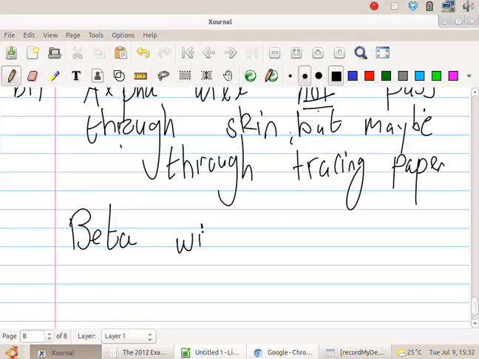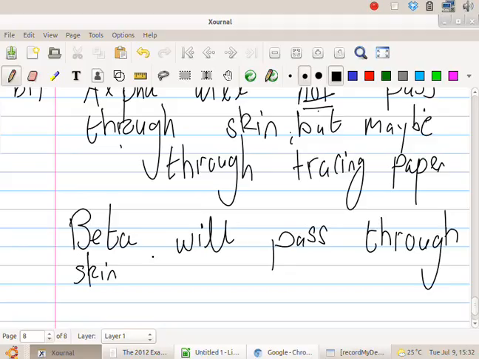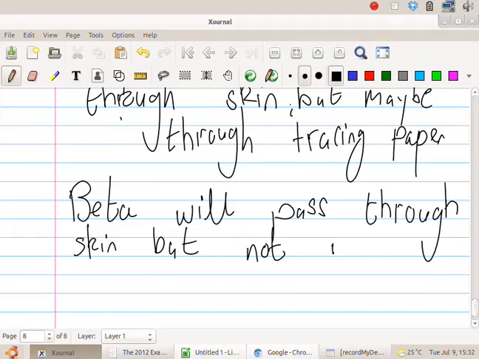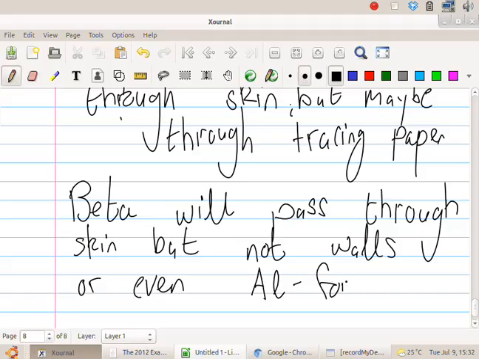Beta will pass through skin, which makes it harmful to you, but not walls or even aluminium foil. What's aluminium? AU, is it? AL? Oh, AU is gold. Yeah, AL is aluminium. Okay. That answers that.